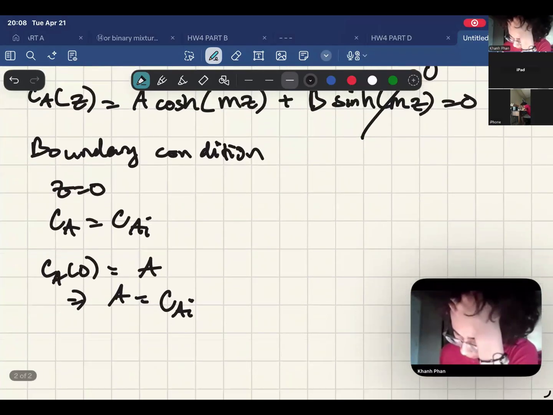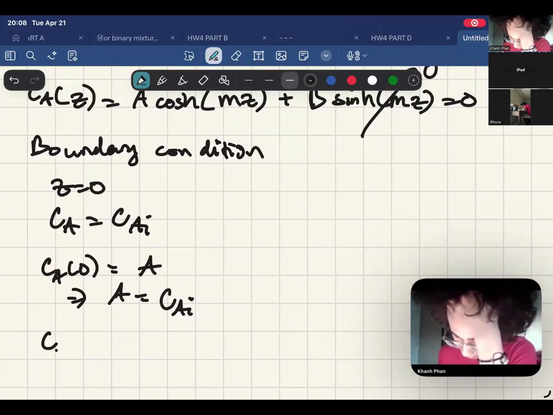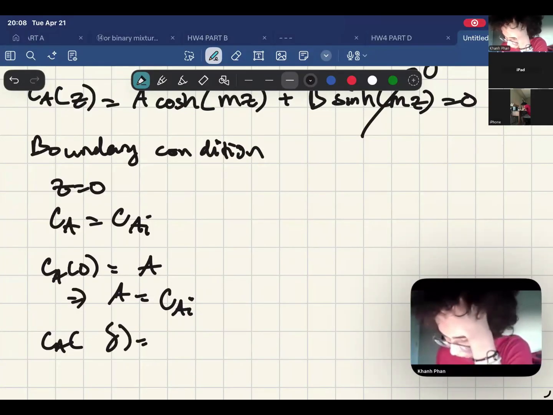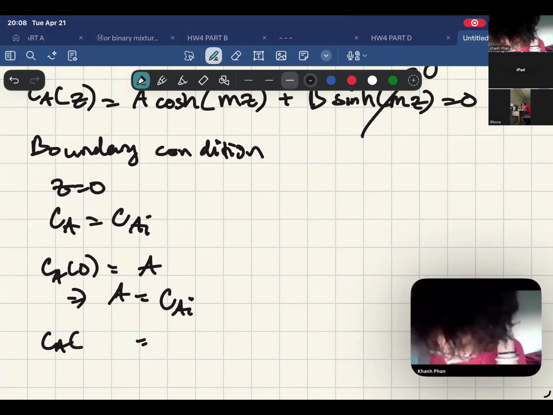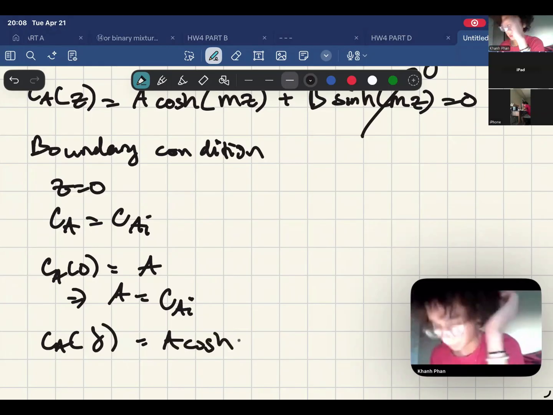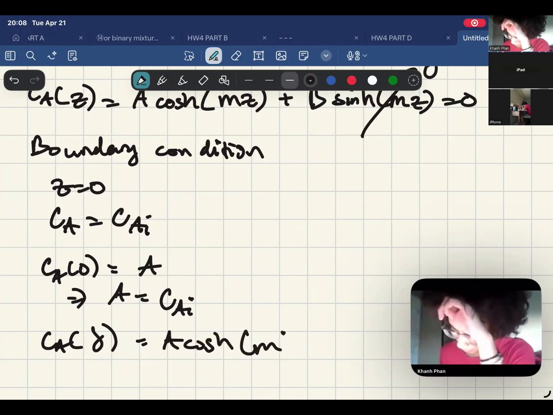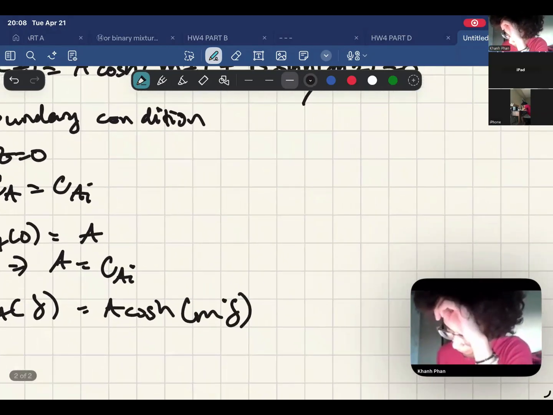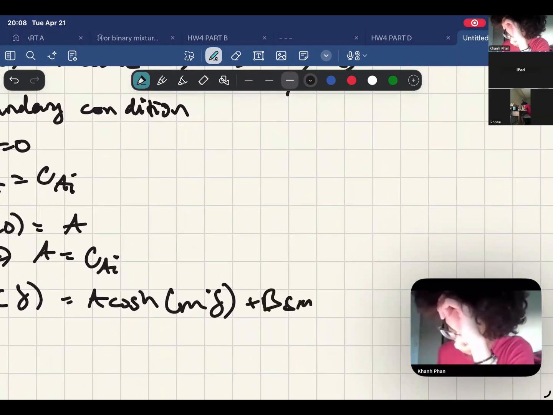So now we know that CA at z equal to theta is zero, which equals A hyperbolic cosine of m theta plus B hyperbolic sine of m theta.